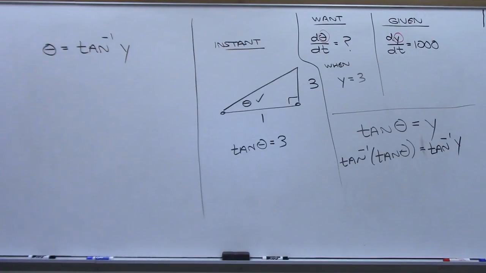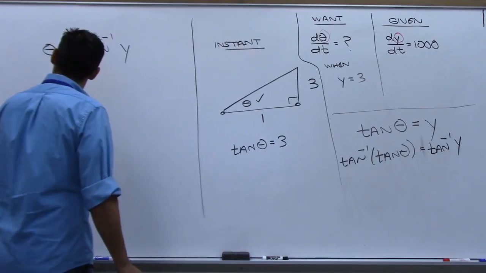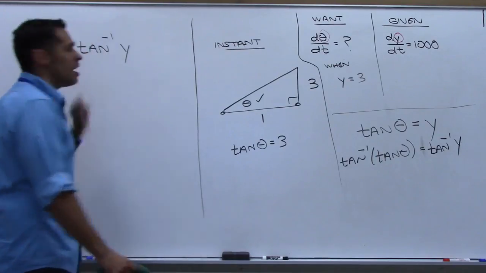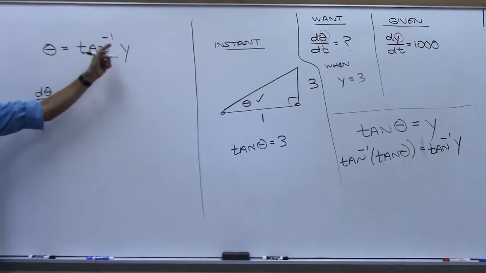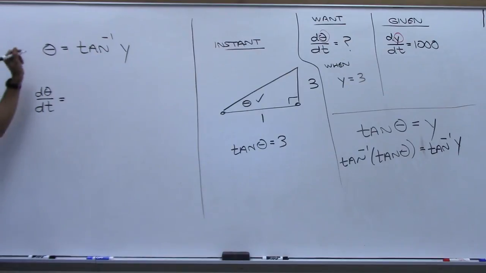And now I'm going to take the derivative with respect to time. What is the derivative of theta with respect to time? d theta dt. And now the other side is the part you couldn't do in Cal 1, because what is the derivative of arctangent of something? That's the one I put a star on a moment ago.